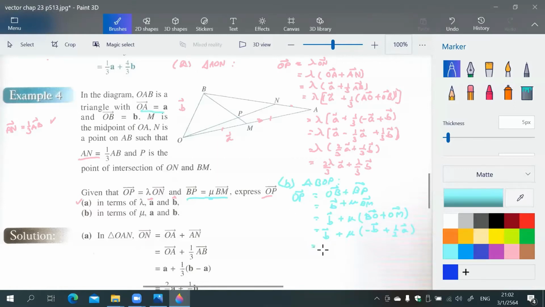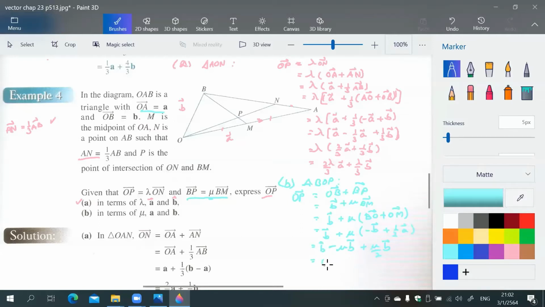Now we simplify here. Vector B minus mu vector B plus mu over 2 A. We can write it this way, right? Because mu is a scalar, so we can combine it with the 2. So for this one, take the common factor vector B out.